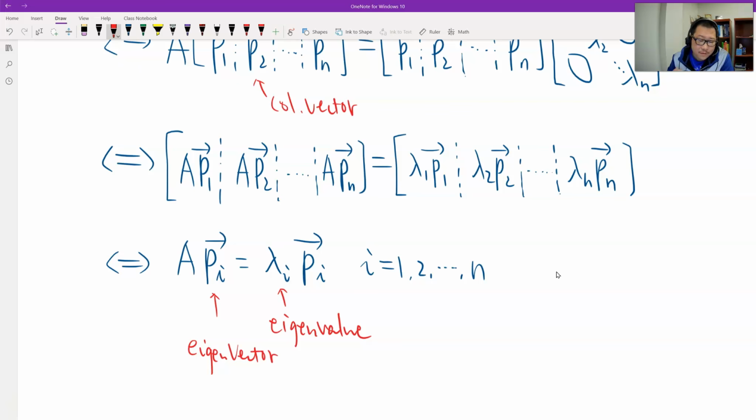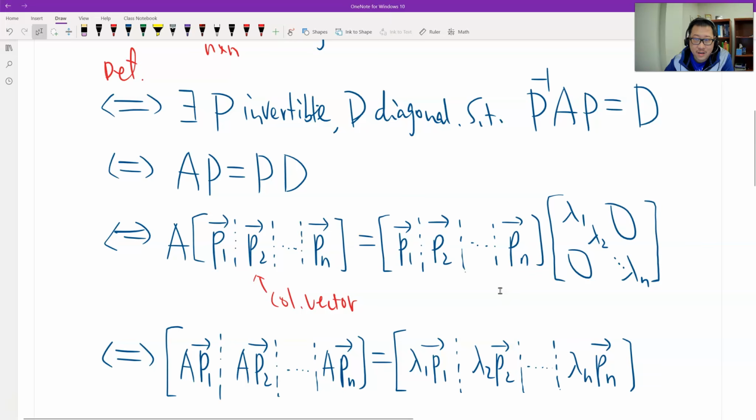And now we definitely have the original matrix P broken down into columns, which are eigenvectors, and the diagonal matrix, whose diagonal entries are the corresponding eigenvalues.